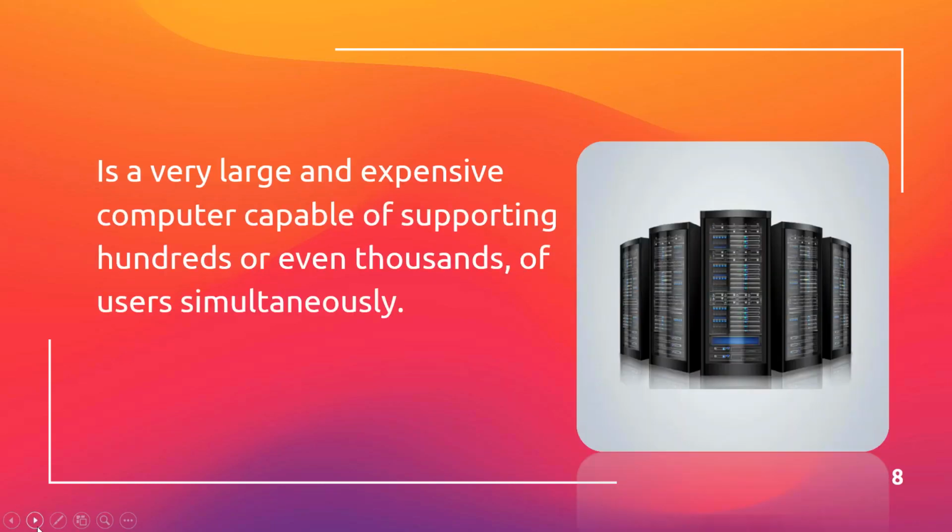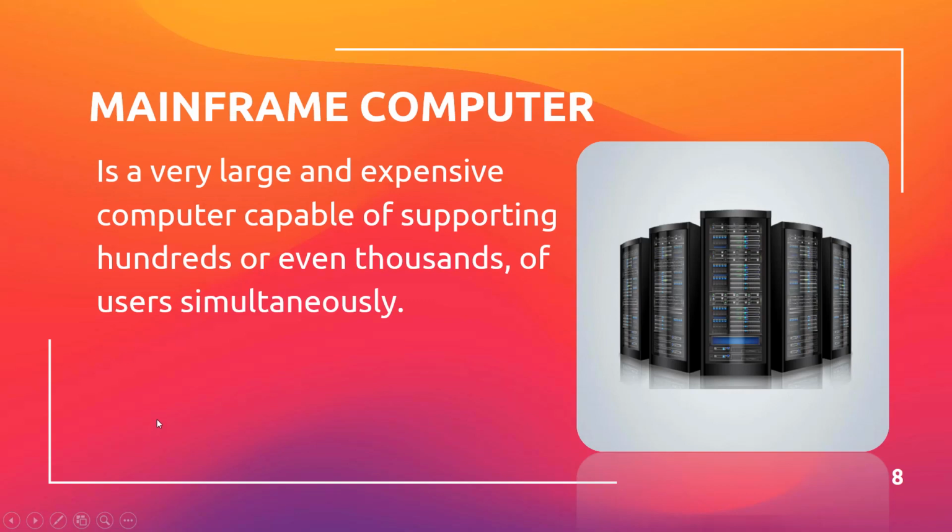As you can see, previously we said a supercomputer is particularly a powerful mainframe. So, what is a mainframe computer? It's a very large and expensive computer capable of supporting hundreds or even thousands of users simultaneously.